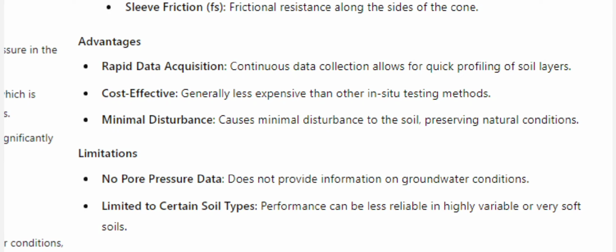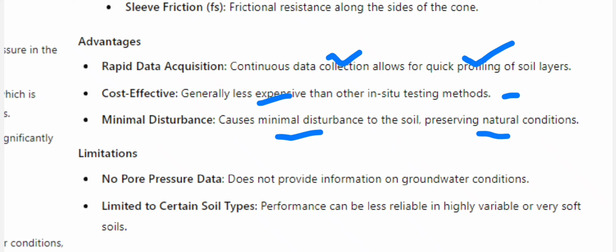In terms of cost effectiveness, this is less expensive than other in situ methods. Continuous data collection allows for quick profiling of soil layers and causes minimal disturbance to the soil, preserving natural conditions.